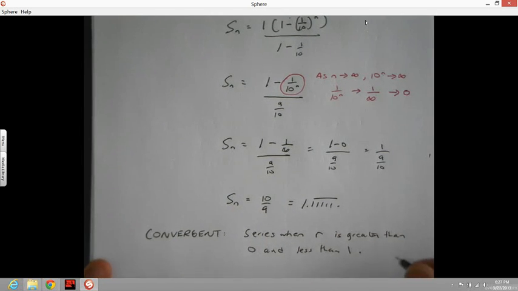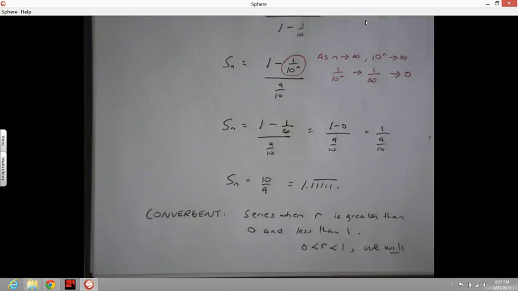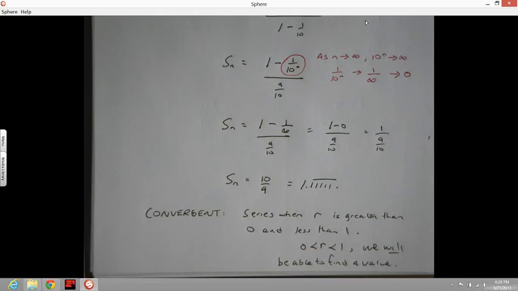Next year we're going to look at the negative side. But bottom line, r is going to be like this. We will be able to calculate a value. We will be able to find a value. So these are the proofs that I just wanted to show you right now.